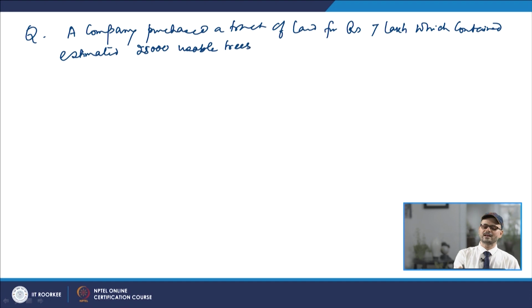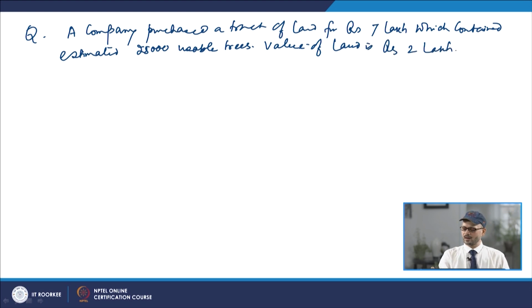So, it has purchased the land with 25,000 trees. Now, value of land is rupees 2 lakh. Now, the thing is that in the first year, 5,000 trees were cut down.